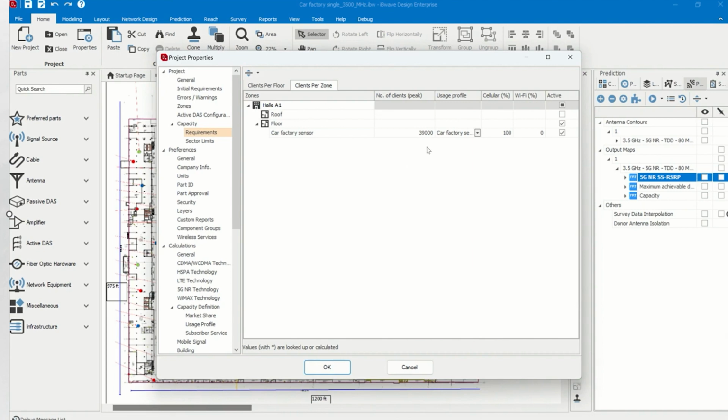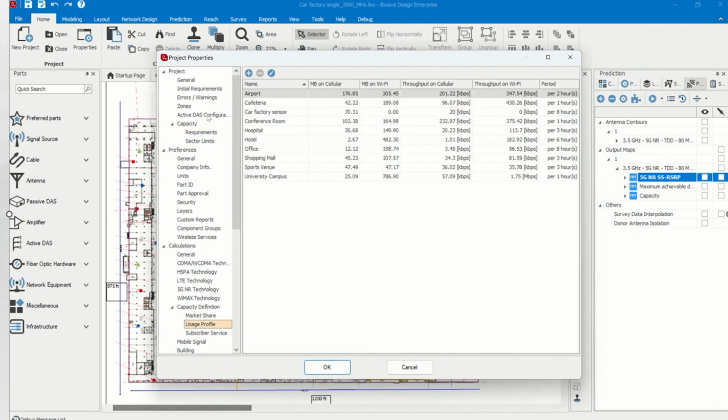It could be more, it could be less, but we are designing for average right now. The usage profile is car factory sensor. So what does it really mean? If we click on that, car factory sensor has a 20 kilobits per second transmission. That is a burst. So all those 39,000 are transmitting at 20 kilobits per second at any given point in time.